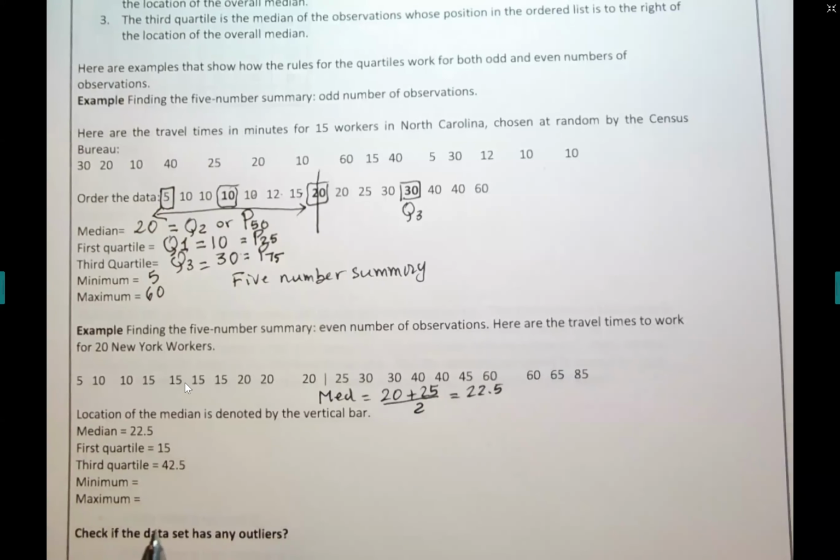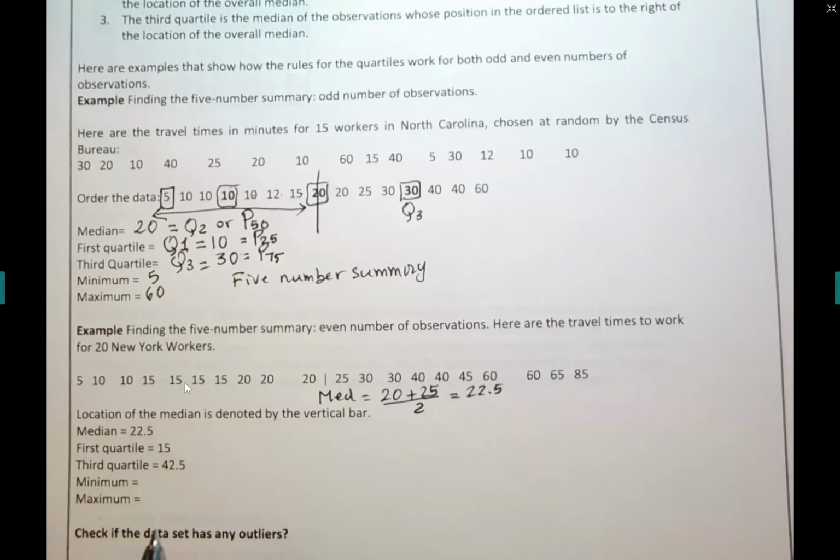Okay, first quartile is the median of the first half. Middle position of the first half. I have 1, 2, 3, 4, 5, 6, 7, 8, 9, 10. So the median of the first half has to be between the 5th and the 6th. It's right here. You can check, guys. There are 5 values to the left, 5 values to the right.